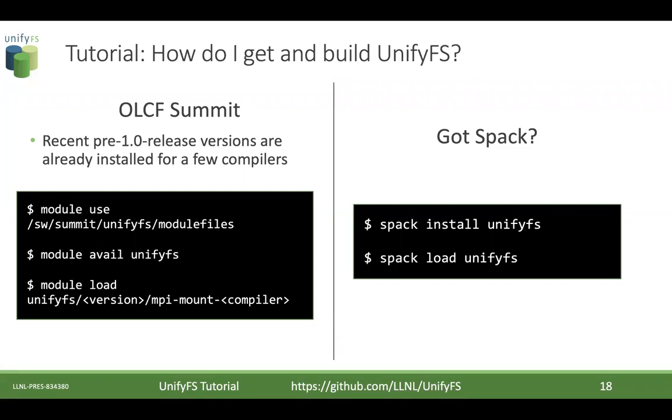So on Summit, you just need to module use that UnifyFS module file, and then it is available for module avail, and then you can just load the version and compiler that you would like to use. This is using an MPI mount, I believe, for all of the versions installed there, and I can touch a little bit more on what that is. If you don't want to use that version or you're on a different system, we recommend going through Spack to install and load UnifyFS.